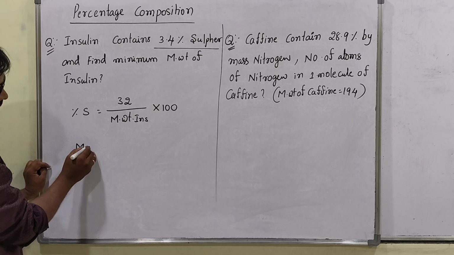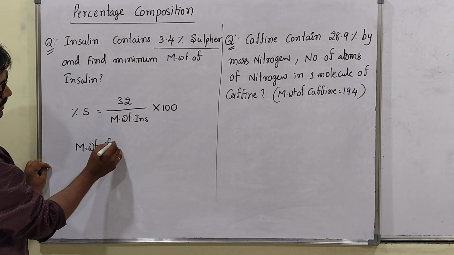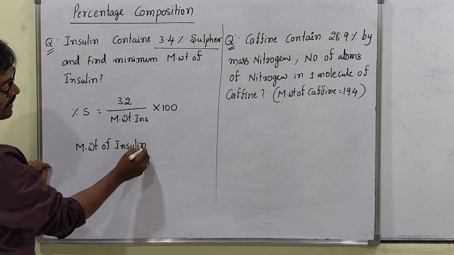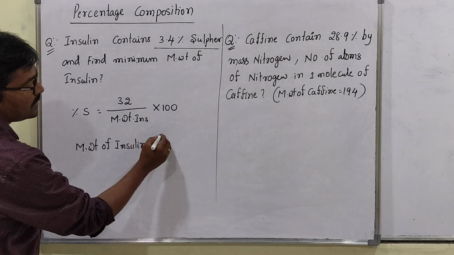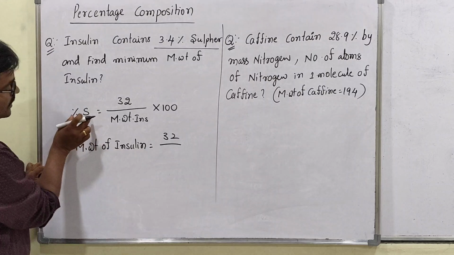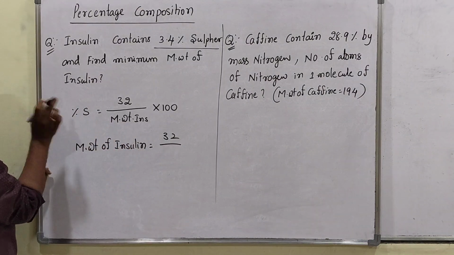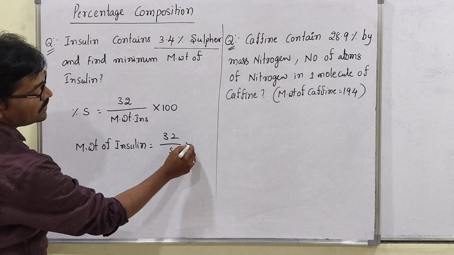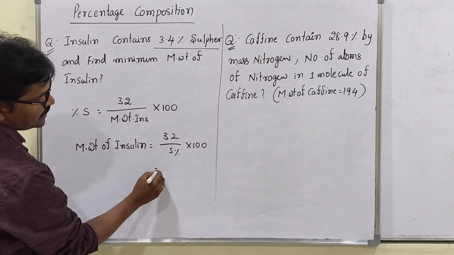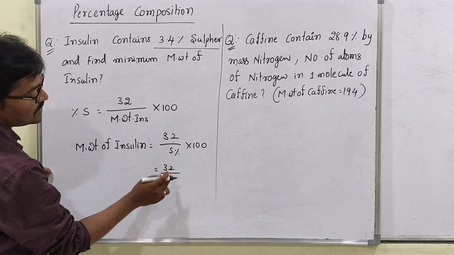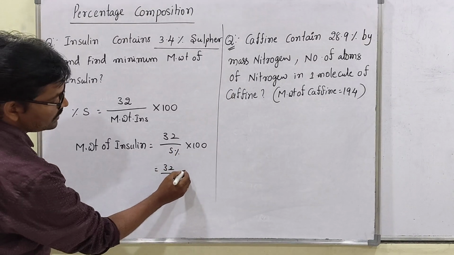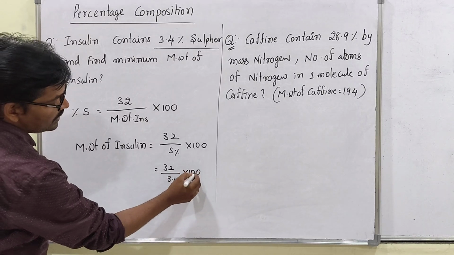So the molecular weight of insulin equals 32 divided by the percentage of sulfur, sending this side, molecular weight to this side, that's it, and the percentage of sulfur then into 100. So 32 divided by the percentage of sulfur, which is 3.4 percentage, into 100.